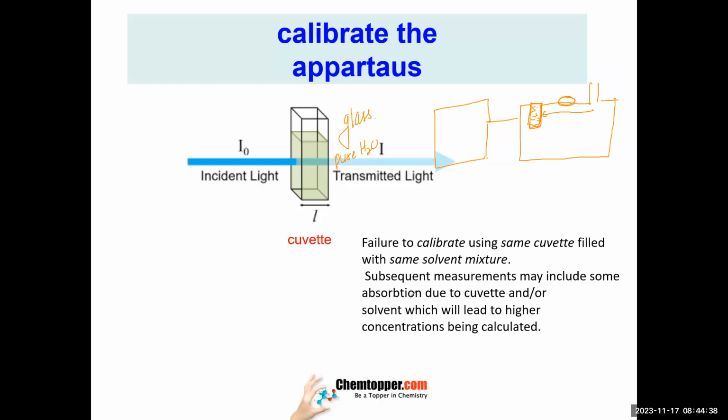We have calibrated the apparatus, making the absorbance by the water and the glass 0. Now when I put my second cuvette with some solution, using the same calibrated apparatus, it will give me a reading without the absorbance of glass and water. Is it okay, children? You're getting it?